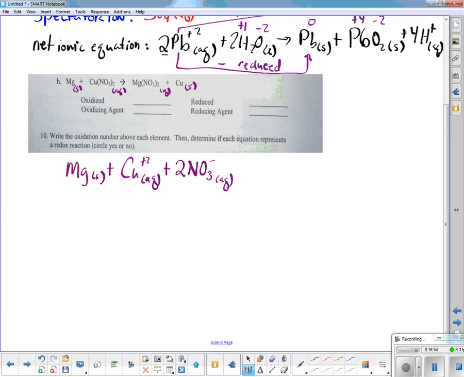Cute little ion. Yields, magnesium nitrate's also going to split. Magnesium is going to be a +2 AQ, and we're going to have 2 nitrates. And we're going to have copper out by itself as a metal. Okay. Spectators.